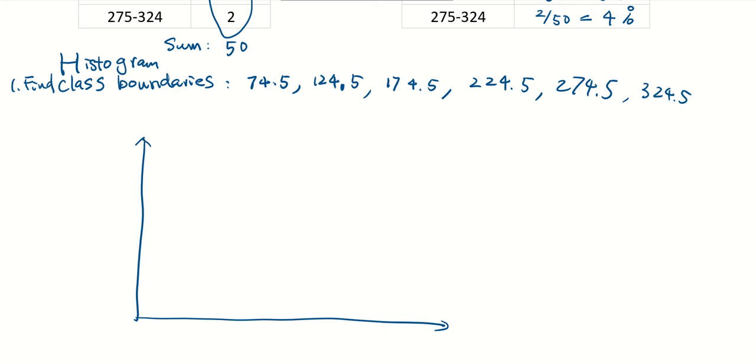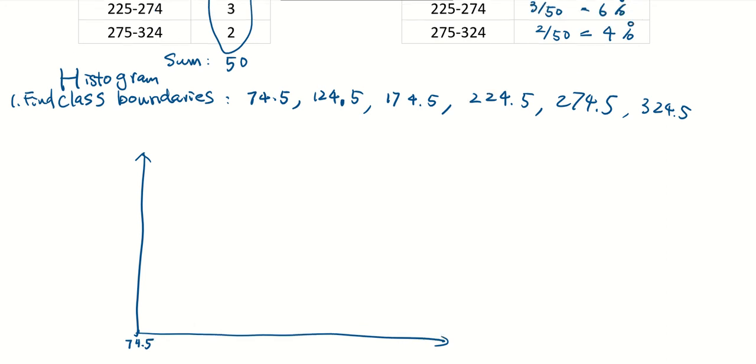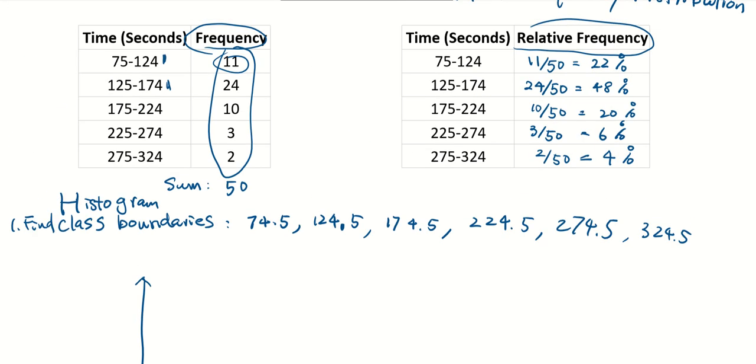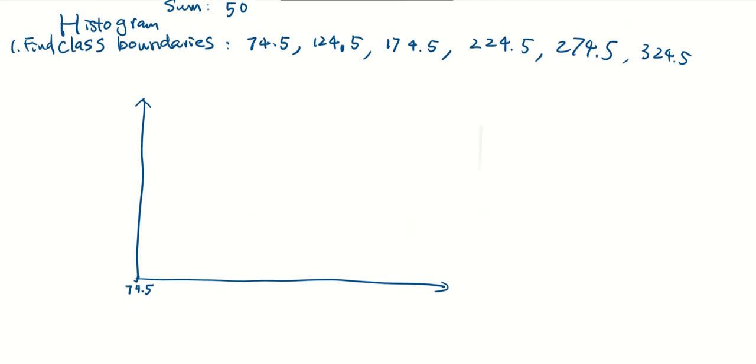and put all the boundaries on the horizontal axis here. So here first I start with 74.5. So this line represents your values. In this case, we're talking about time in seconds, which is this column. So time in seconds.